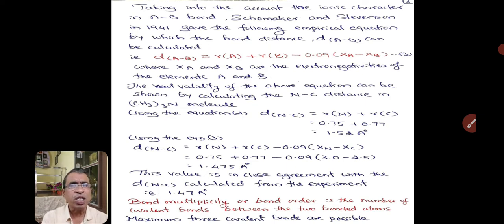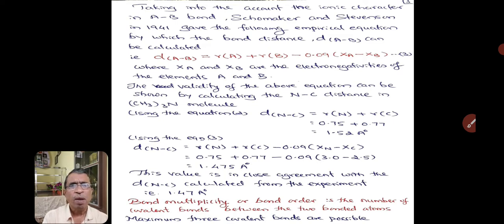Bond multiplicity or bond order is the number of covalent bonds between the two bonded atoms. Many times we come across the term bond order, which is nothing but the number of bonds between the two atoms.